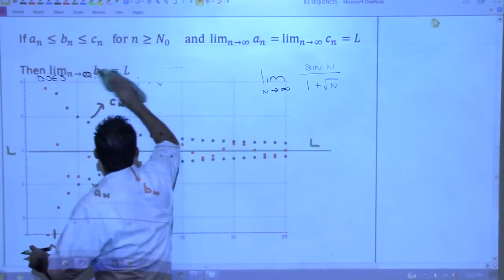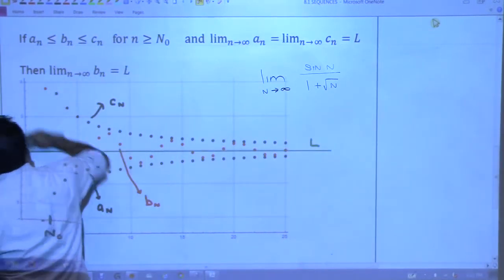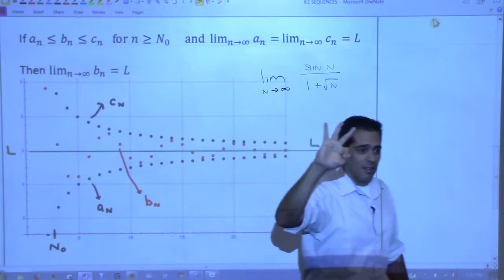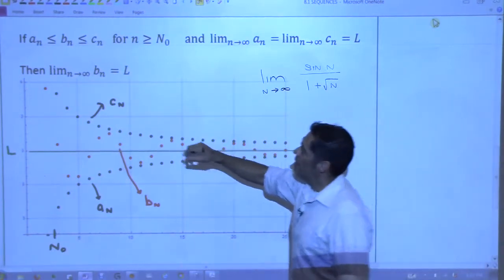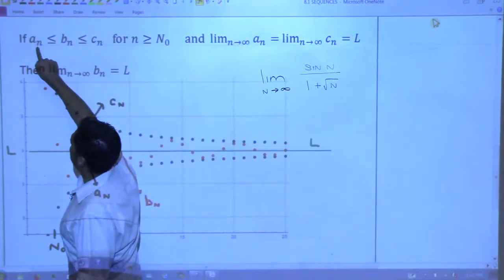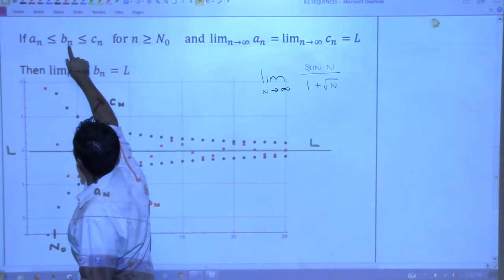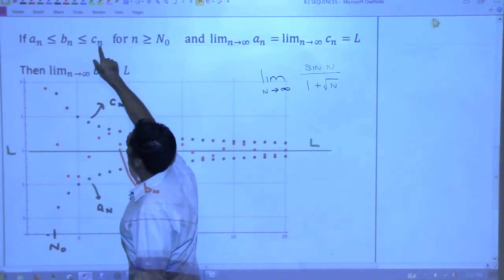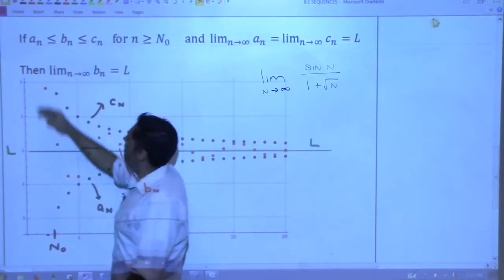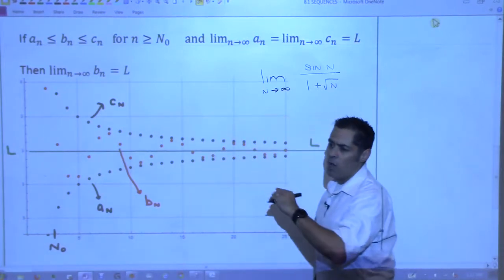The squeeze theorem says, let's say we have 3 sequences, all right? A sequence A sub n, a different sequence B sub n, and a last sequence C sub n, and they follow that string of inequalities.